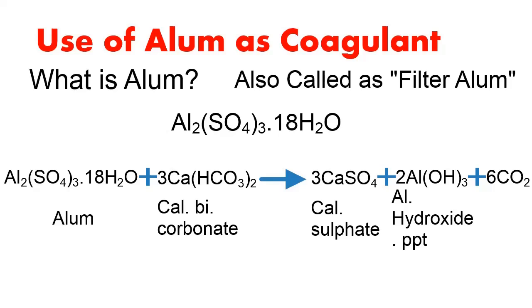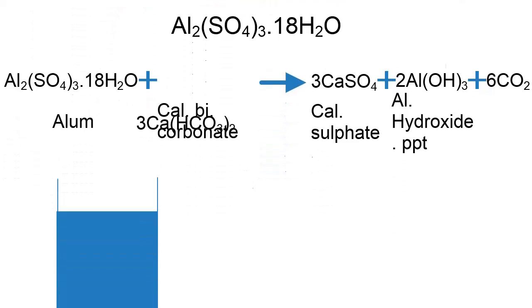Look here. Alum is mixed with 3 parts of calcium bicarbonate. Then where does this calcium bicarbonate come from? There will be water, no? To water we are adding alum. Then where will this calcium bicarbonate be? Calcium bicarbonate will be there in the water itself.